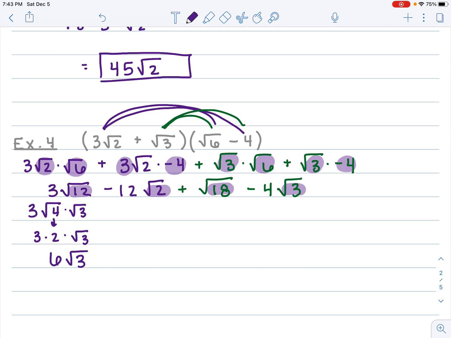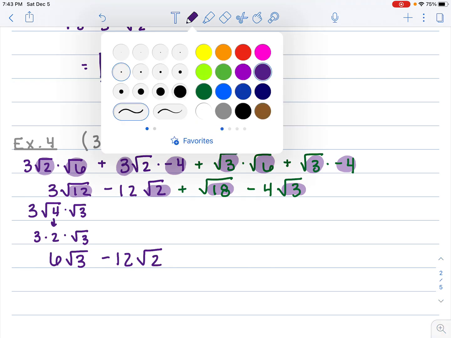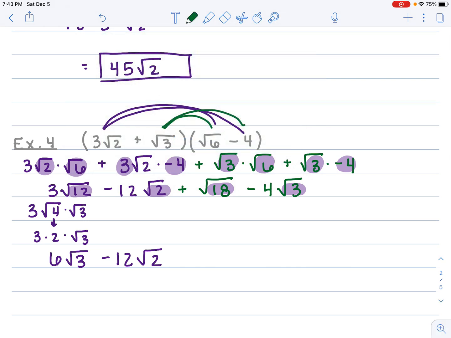I know that radical 2 cannot be simplified, so that's going to stay the same. I know radical 18 can be simplified. I can break that down to radical 9 and radical 2. Radical 9 becomes 3, so I've got plus 3 radical 2. And I know radical 3 cannot be reduced anymore, so that stays negative 4 radical 3.